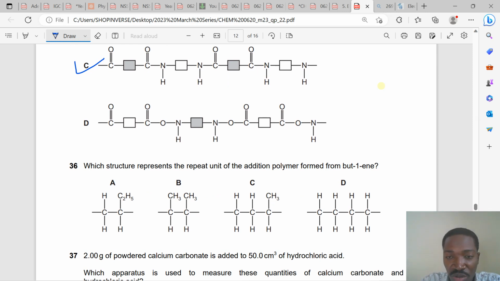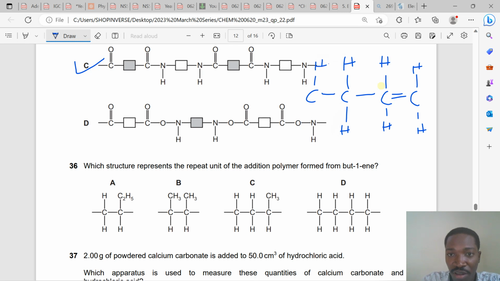But-1-ene: C, C, C, C, with H, H, H, H, H, H, H, H. Now, repeat units of the addition polymer formed from but-1-ene.